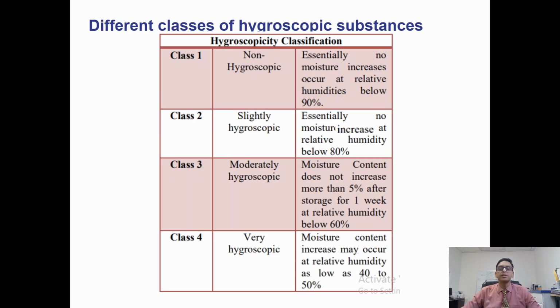It means no moisture uptake occurs at humidity below 90, so that class of components can be considered non-hygroscopic. Class 2 is considered slightly hygroscopic, when essentially no moisture increase occurs at relative humidity below 80. So below 80, if it is not increased, then we call it slightly hygroscopic.